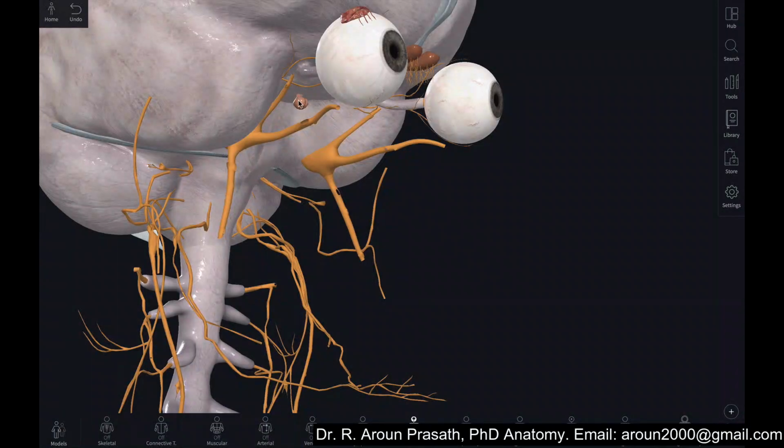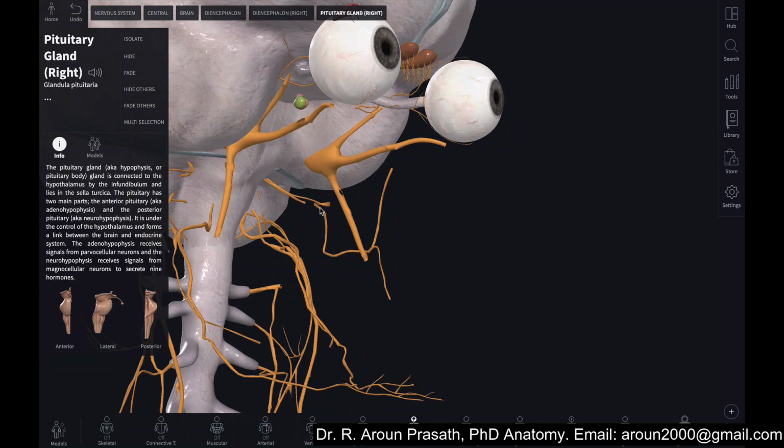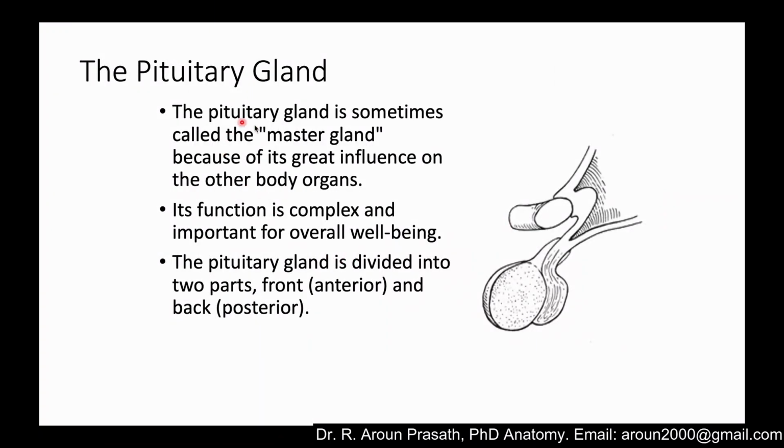Though it is very small and peanut shaped, it is the master of all endocrine glands, controlling all the other glands. The function is complex and important for our overall well-being. The pituitary is divided into two parts in some books, and three parts in others: the anterior pituitary and the posterior pituitary.